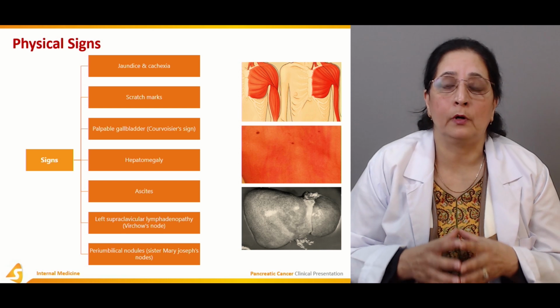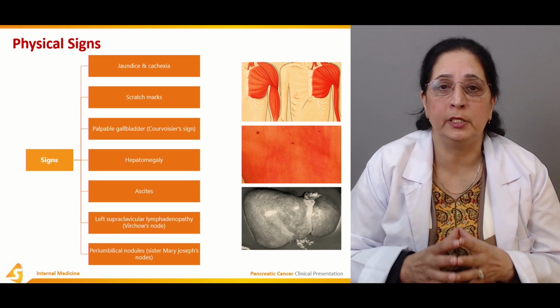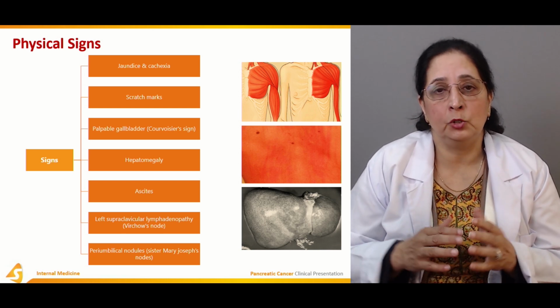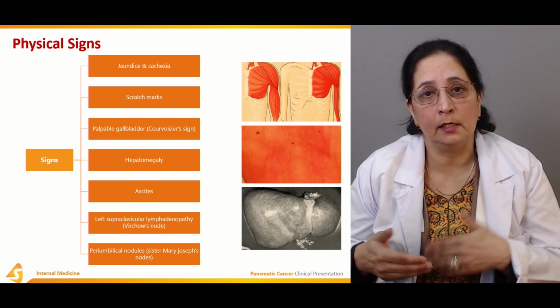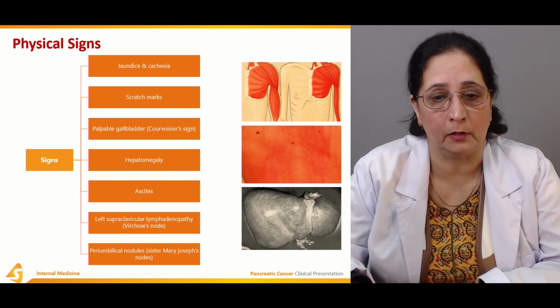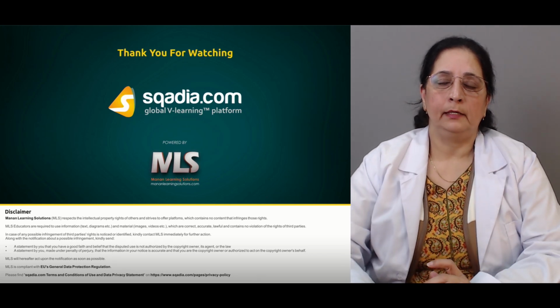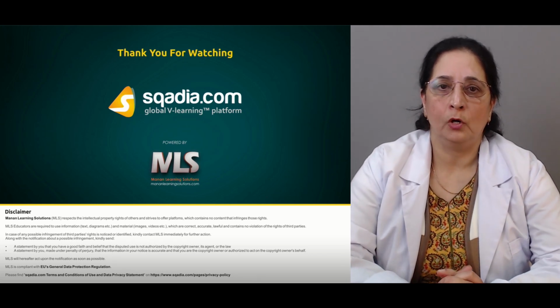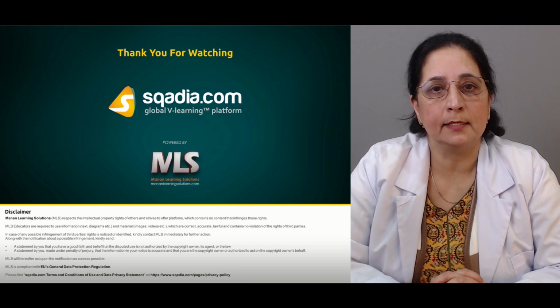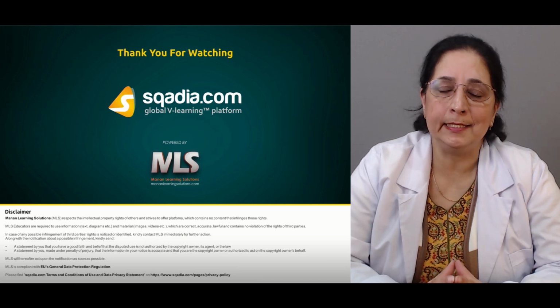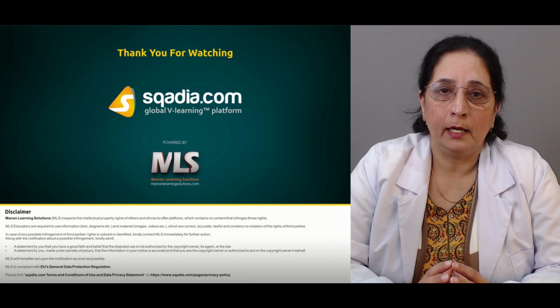So it's very important that the diagnosis be made with a biopsy so we can start the treatment early on. That concludes section 2 of the lecture on pancreatic cancer.